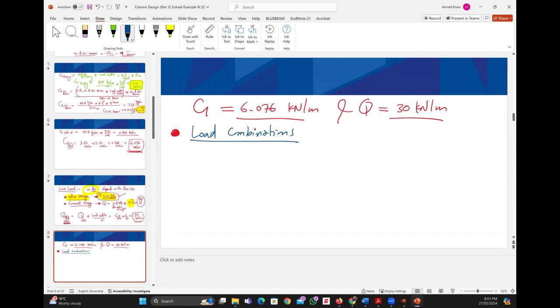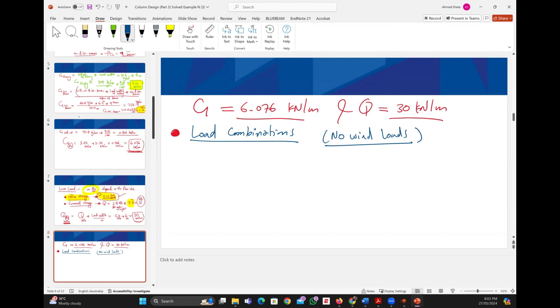Have you done the load combination before? Yeah, we have. So what are the load combinations we have? We will have A, B, and C because D and E include wind load. The idea here is this is an internal beam, so there are no wind loads. This load combination is for ultimate.